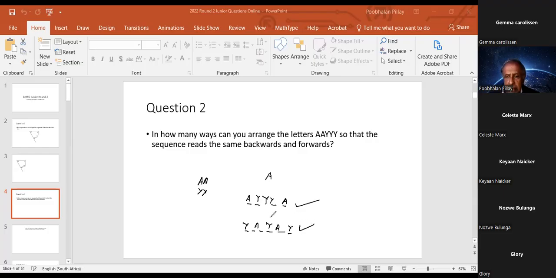And this argument says there are only 2. For the first letter, an A, there's only 1, and the same with Y. So the question says, in how many ways can you arrange it? And the answer is there are only 2 ways. Okay, so that takes us to the third question.